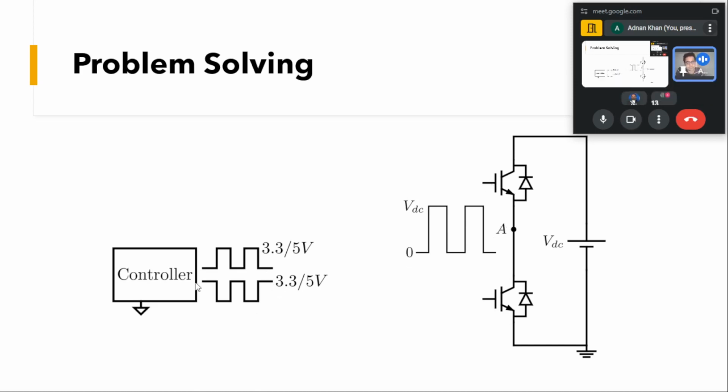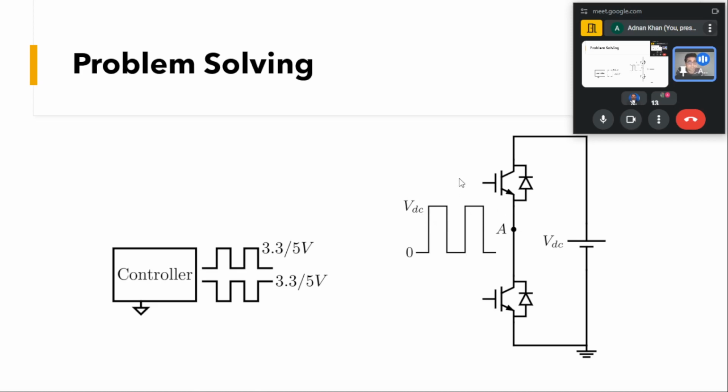So the voltage supplied by the controller has to be given with respect to this emitter for both devices. For the bottom device, the emitter voltage will be at a constant level because it's connected to the negative rail and it won't change. However, for the top side or high side device, the emitter voltage changes from 0 to VDC and so on.